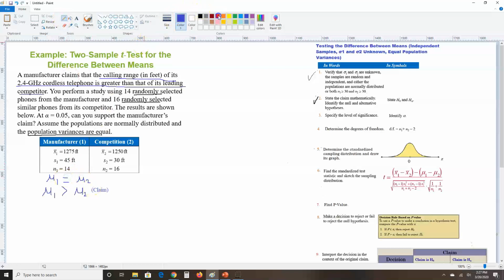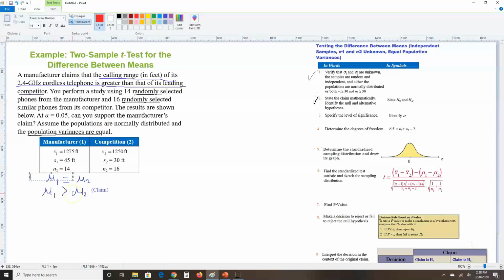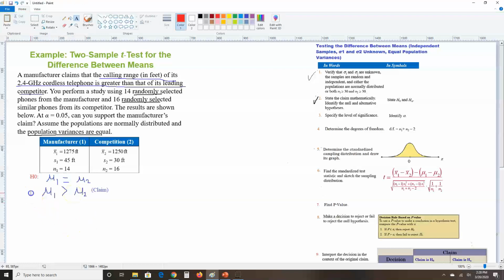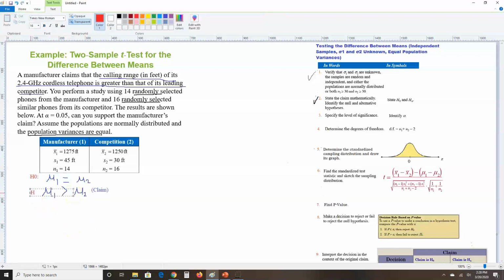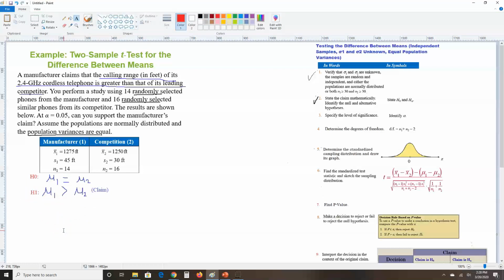Now we're going to label our claims as H0 and H1 or HA. The claim with the equal is H0. The claim without the equal is going to be H1 or HA. I'm going to use H1 because that's how we do it in my stat lab. And look, I did step number 2 here.